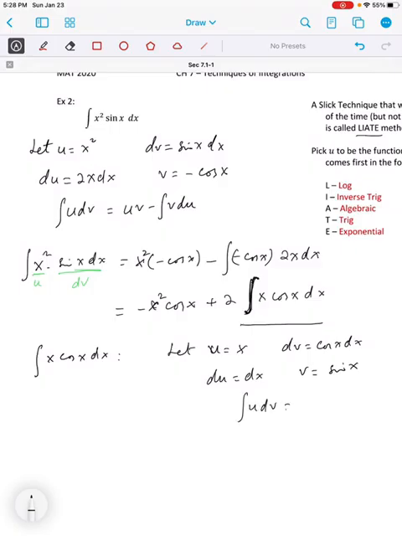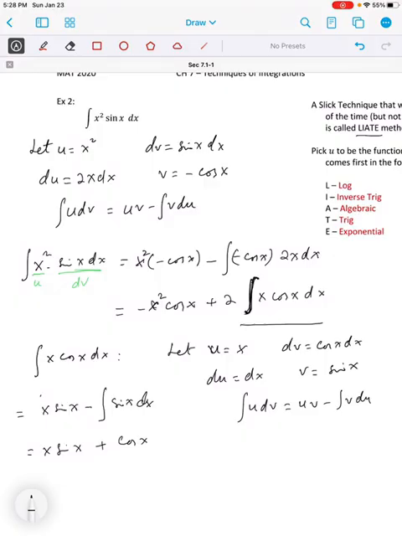Coming back, remember the integral of u dv equals uv minus the integral of v du. So this will become u times v. u is x, so x times sine x minus the integral of v, which is sine x, times du, which is dx, which is going to give me x sine x plus cosine x.